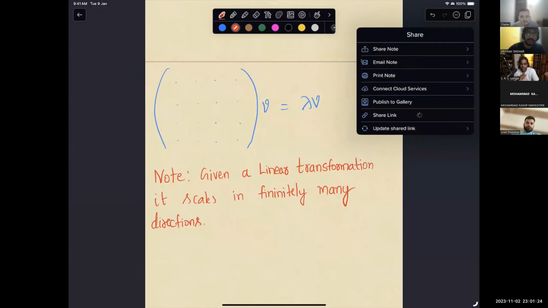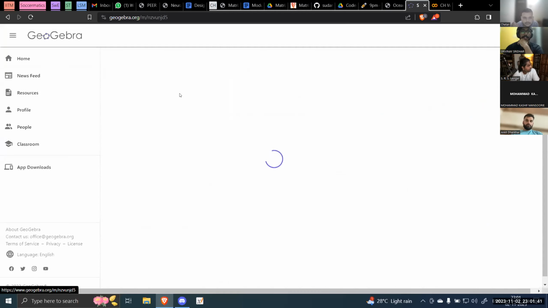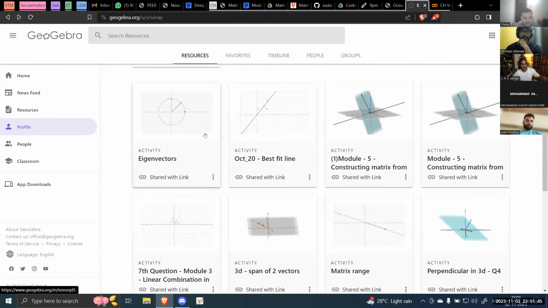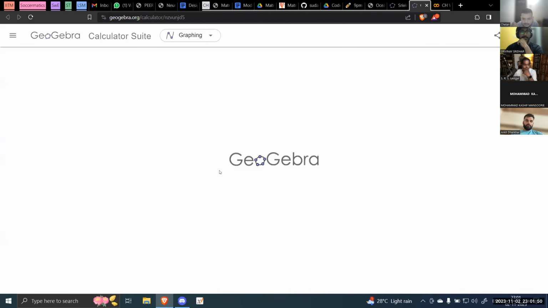Yeah, and also you can paste the link of the Notability notes. This one, right? Yeah. Correct. Just open it in the app. Perfect.